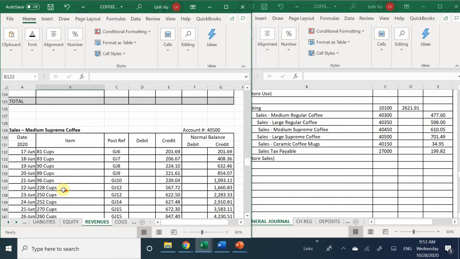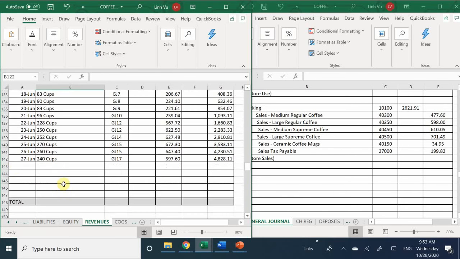And then the next account we're going to is the Supreme Medium Coffee. The date is 6/28. Supreme, 245 cups. General Journal 18. And the credit is $610.05.